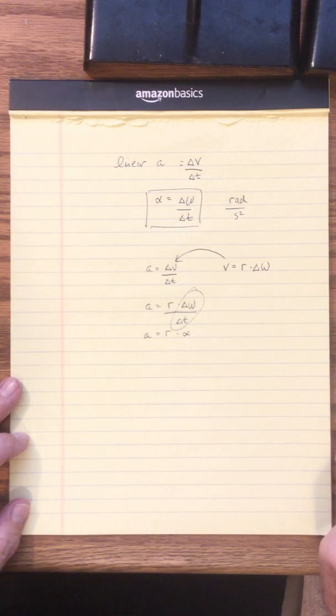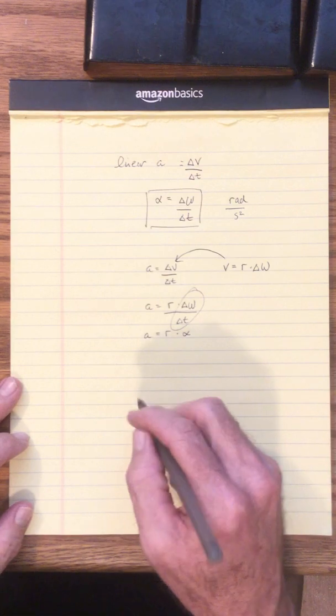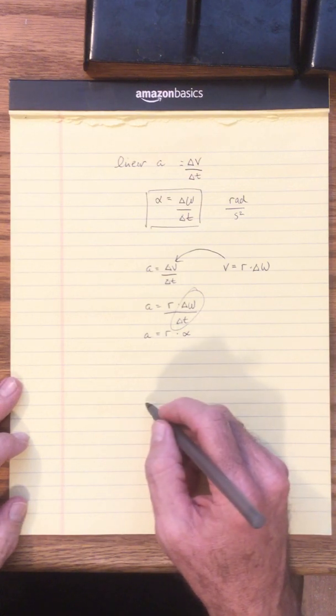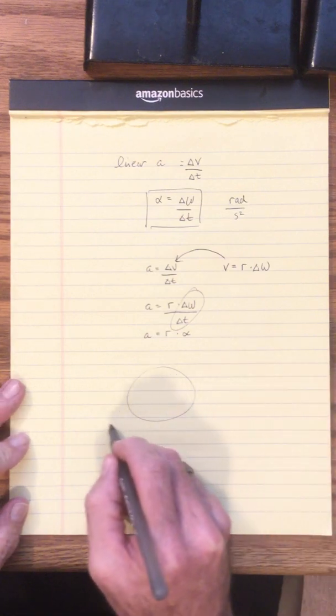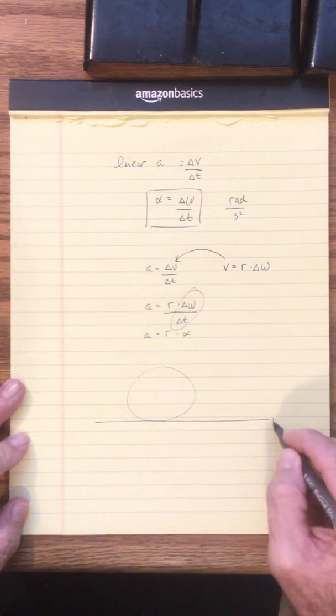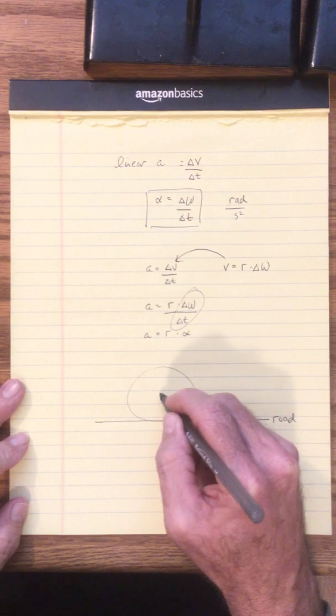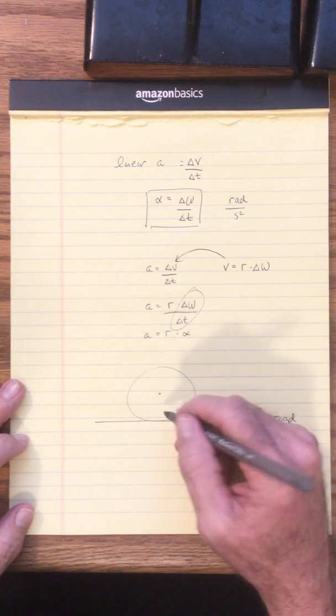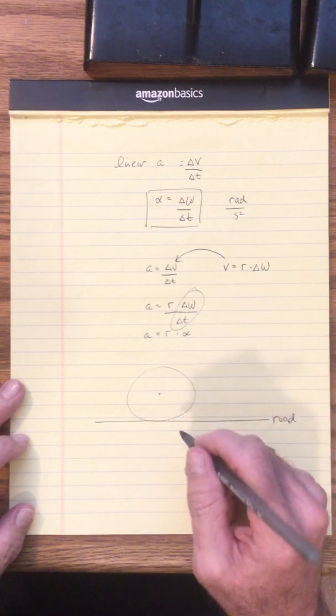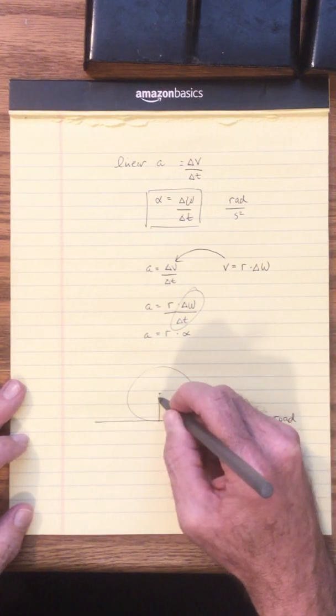Okay, so imagine that you have a wheel. So here's your wheel, and it's on a car, and here is the road. Okay, so here's your wheel. We have a couple different accelerations, so I want to kind of review this. We are going to be having a centripetal acceleration.